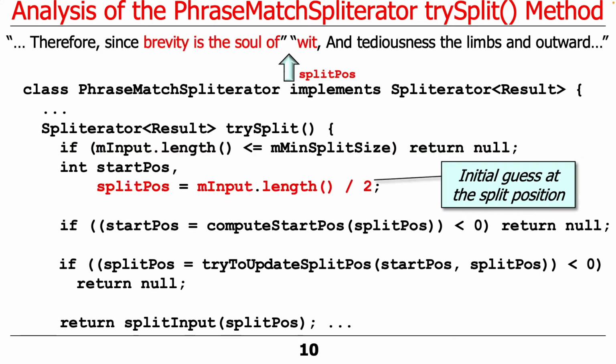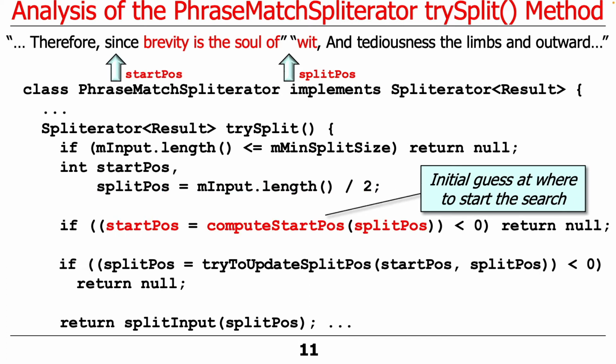So return null. Otherwise, let's take a guess at the initial split position. What better guess to start with than the length divided by 2? So all things being equal, let's split things in half, because that'll give us the best evenness for the splits.